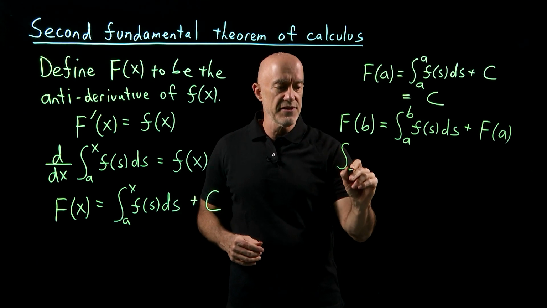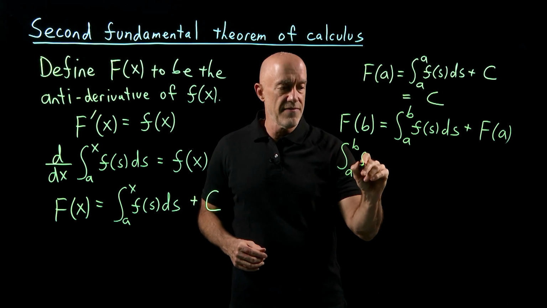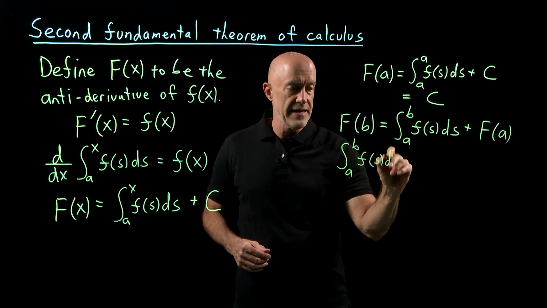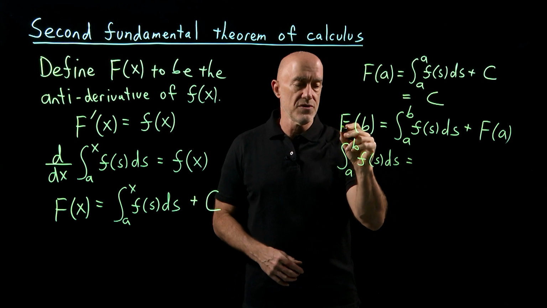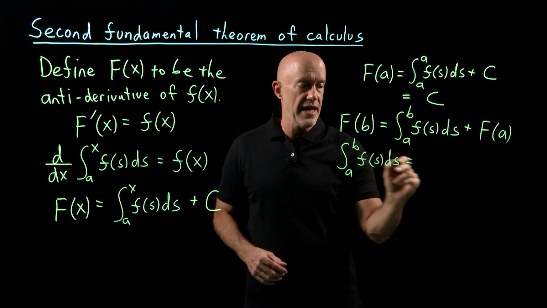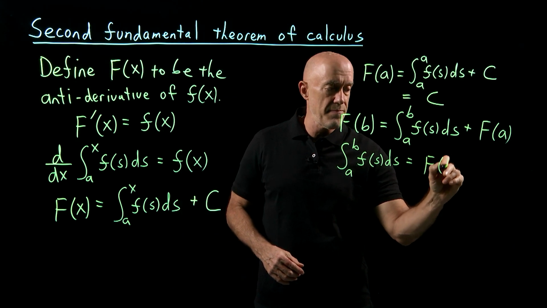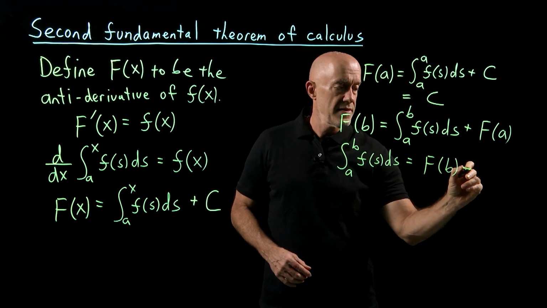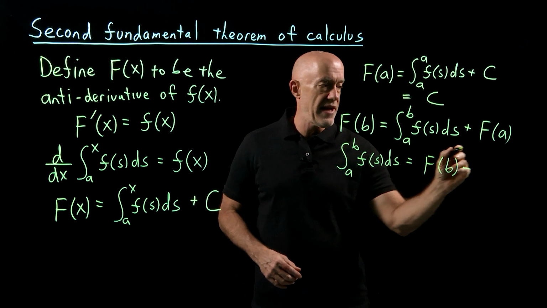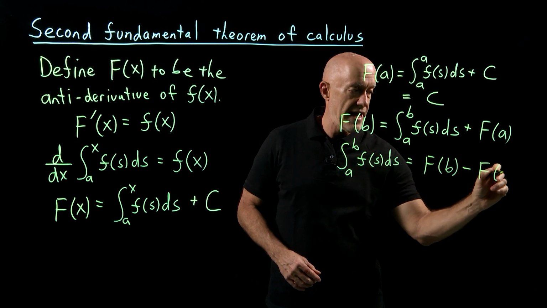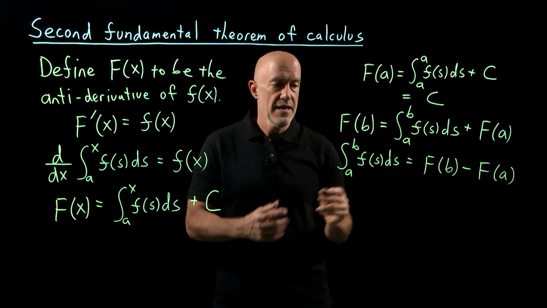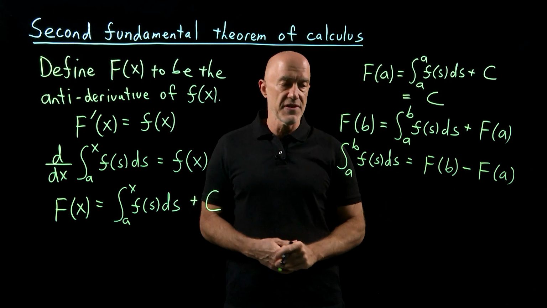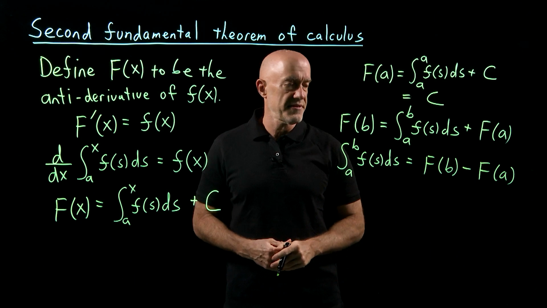So we have the integral from a to b of little f of s ds is equal to the antiderivative of little f evaluated at b minus the antiderivative of little f evaluated at a. And this is the second fundamental theorem of calculus.